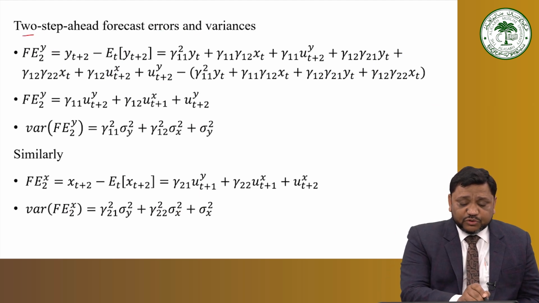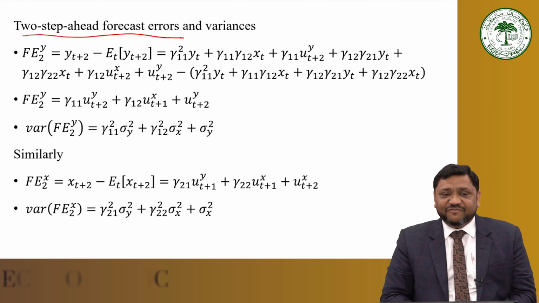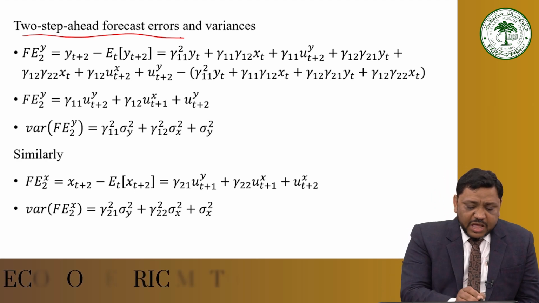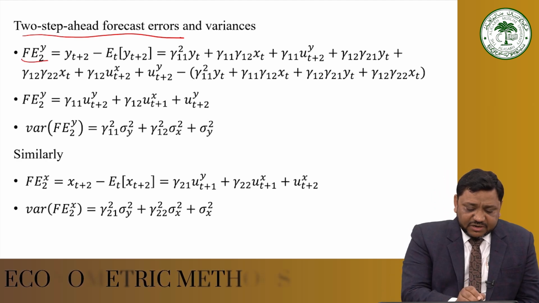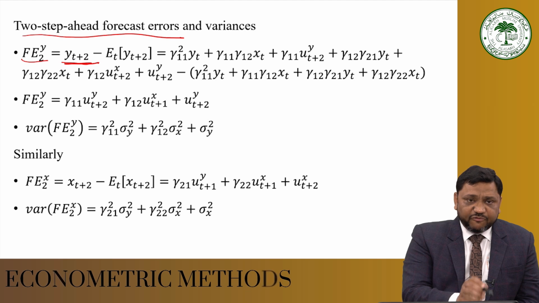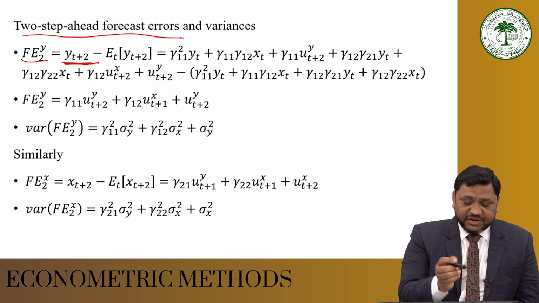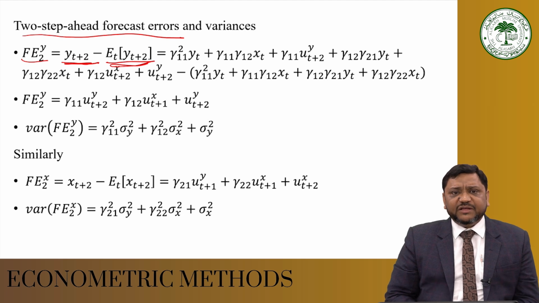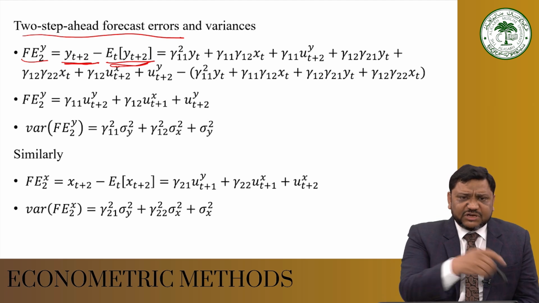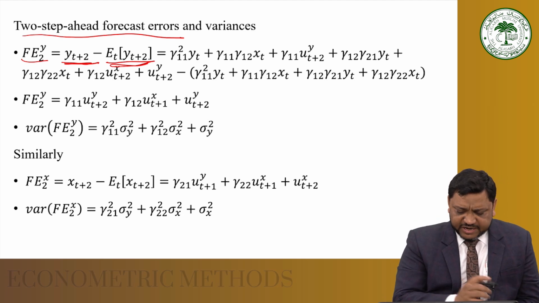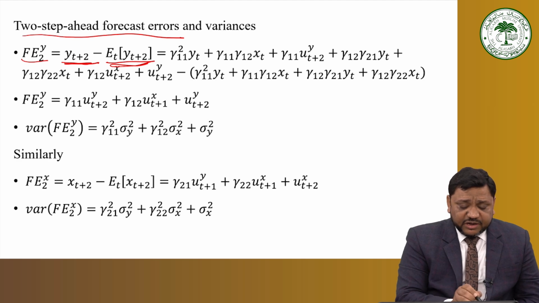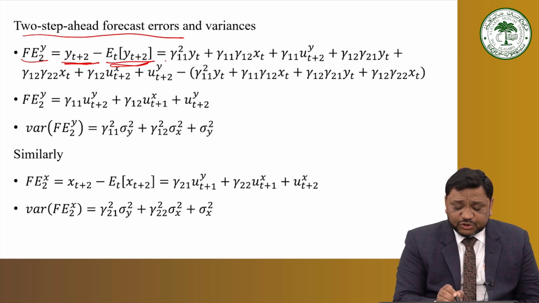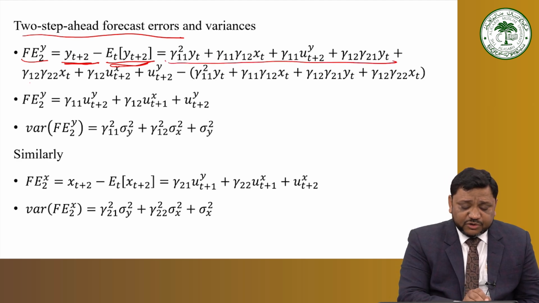Now we will see the two step ahead forecast error and variance. Forecast error for 2 periods is nothing but yt plus 2 minus the expected value of yt plus 2. All these things we have just now derived in our previous slide. So in place of yt plus 2, we write the term from here to here.